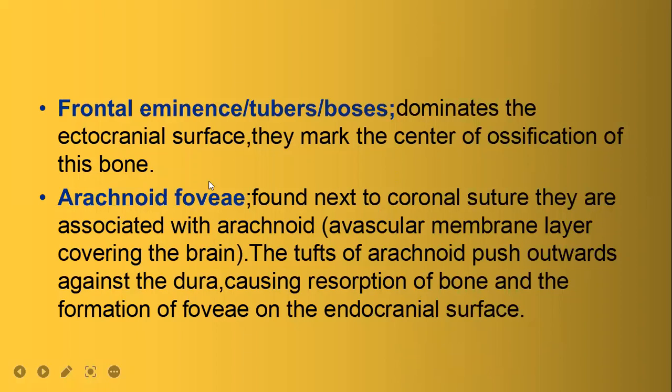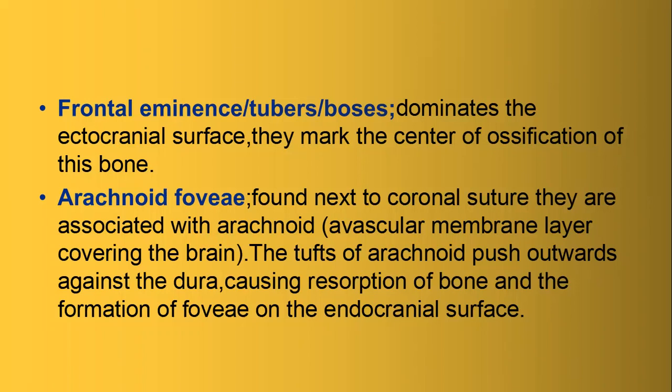The frontal eminence, tubers or bosses, dominate the ectocranial surface, and they mark the center of ossification of this bone. From the previous illustration, we were able to identify these frontal tubers or bosses, the points where the flat bones begin to ossify, then they reach their maturity.